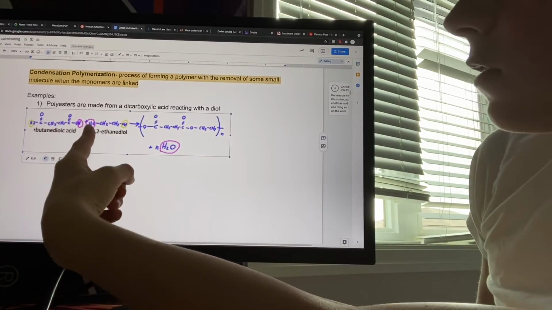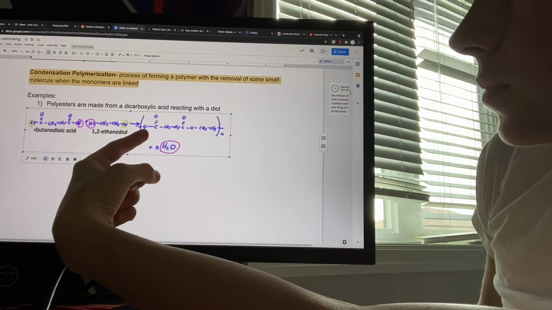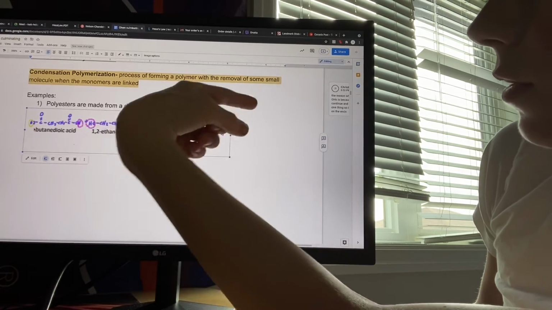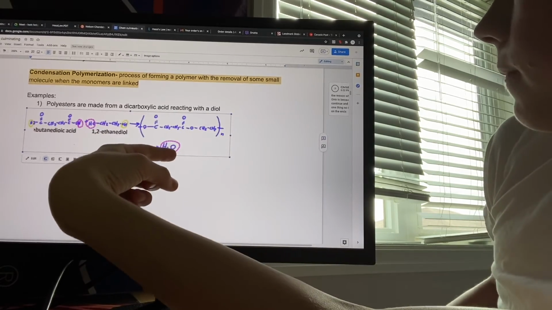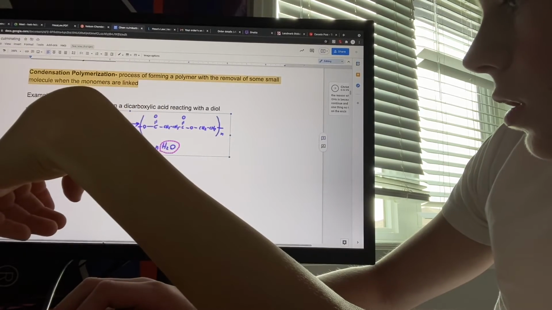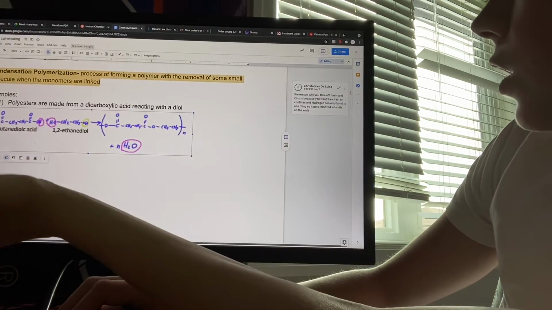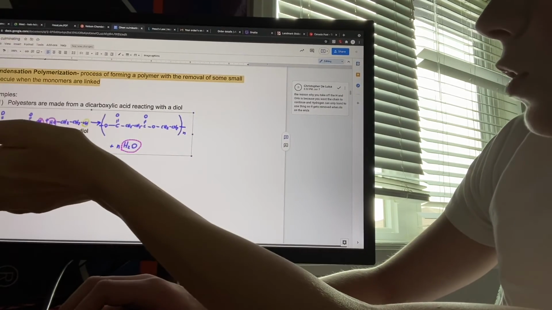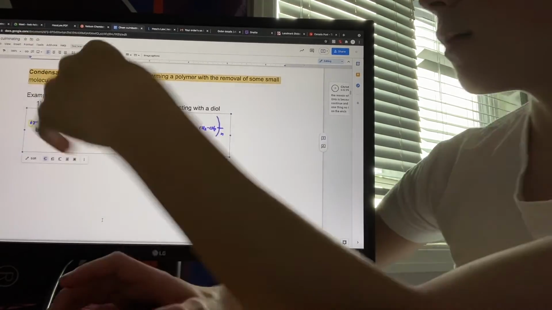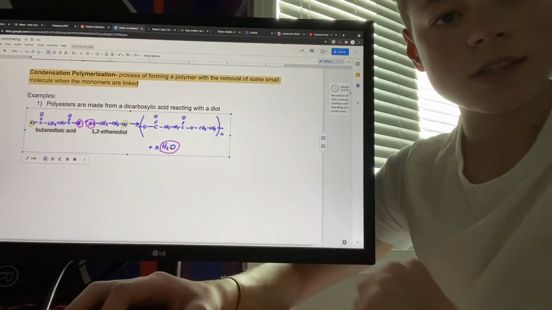So you drop these and leave an O in the space where it's connecting, and then draw your infinite things or your number. And the reason why it is OH over here is because you want the chain to continue, and hydrogen can only bond to one thing, so when it's removed you need to add the O on the ends, which can bond to two, which continues the chain. And with your remaining molecules you just add an H2O with an n because it's repeating.